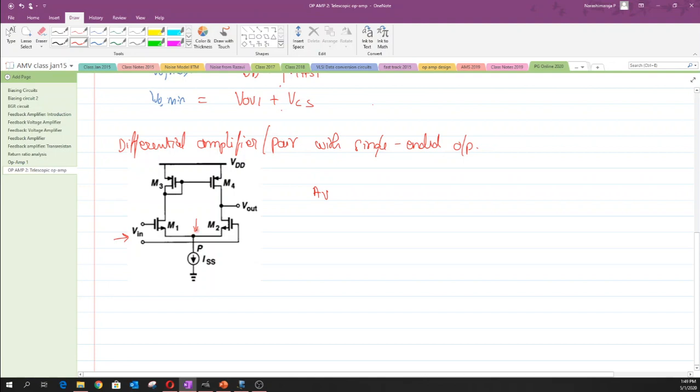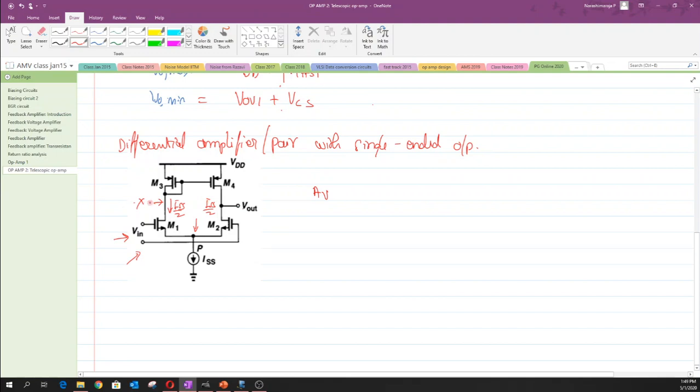But we proved just by stating that if I label this node as x, in order to support a current value of ISS by 2 on both these branches, when we apply a common mode input, this node and this node have to have the same potentials across them, right.